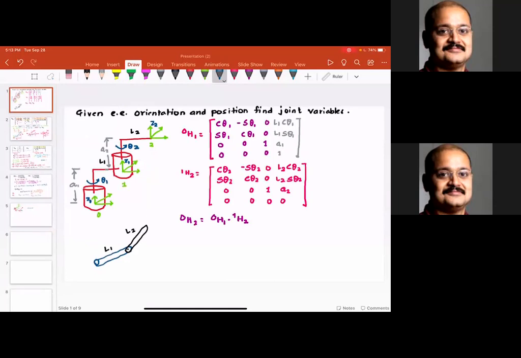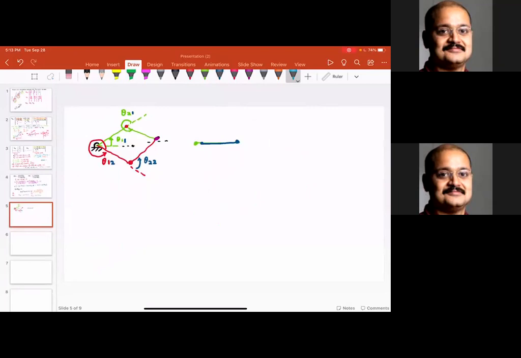Now let me make this robot a little bit complicated. Let me add one more joint. So now the case is, you have the first revolute joint, the second revolute joint, and the third revolute joint.